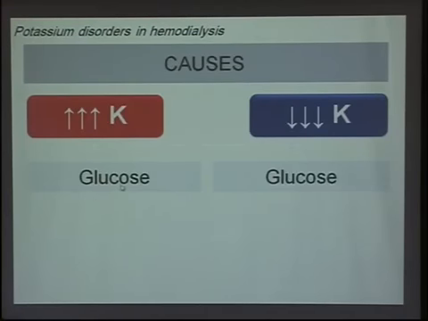However, the case is different if we have hyperglycemia due to uncontrolled diabetes. Here, lack of insulin and increase in osmolarity will cause hyperkalemia. So, if glucose is associated with insulin, whether external or internal, which will move glucose inside the cell, that will cause hypokalemia. However, if insulin is lacking, this will cause hyperkalemia.